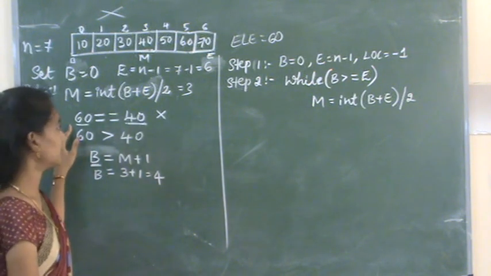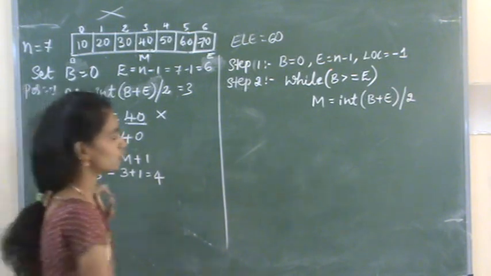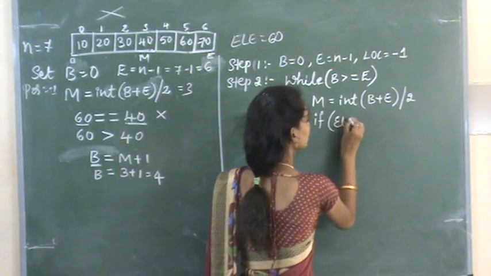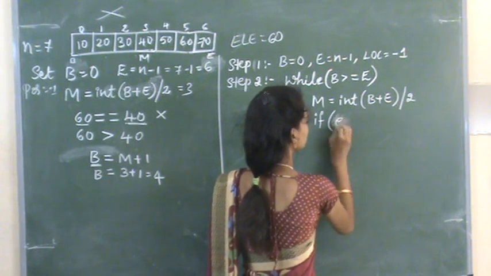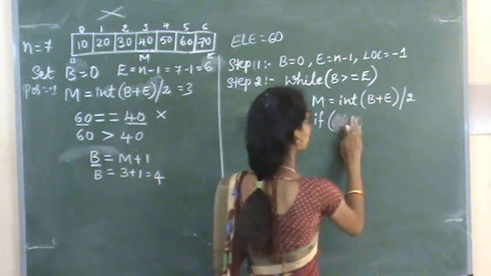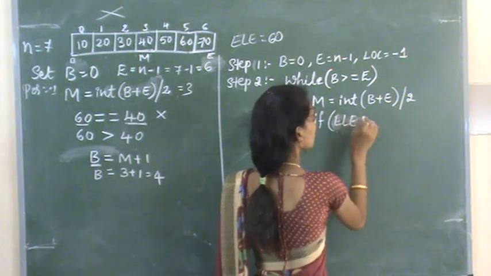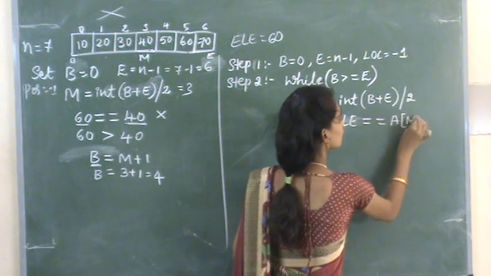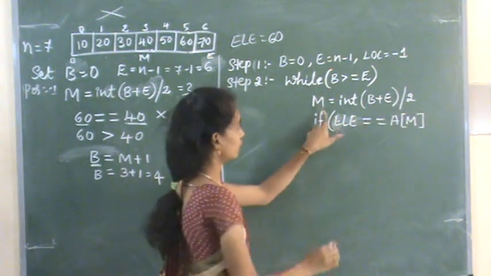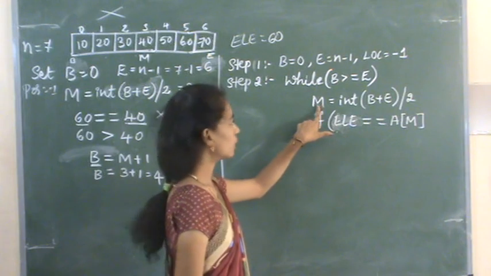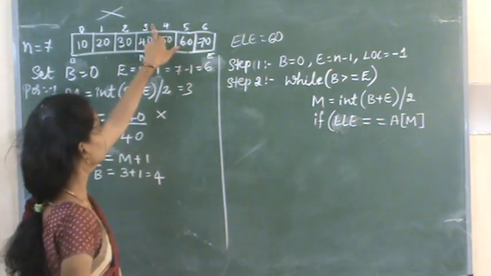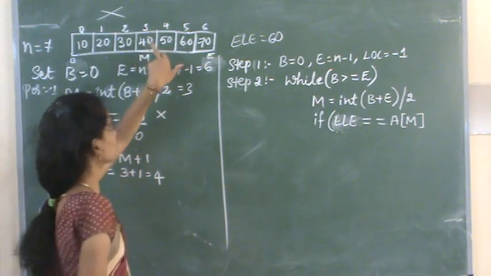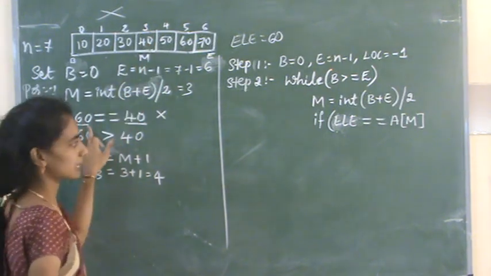So if element is equal to A of mid. So we are getting mid here. So what does A of mid mean? We will get one element at that middle location, and that will be compared to the search element.